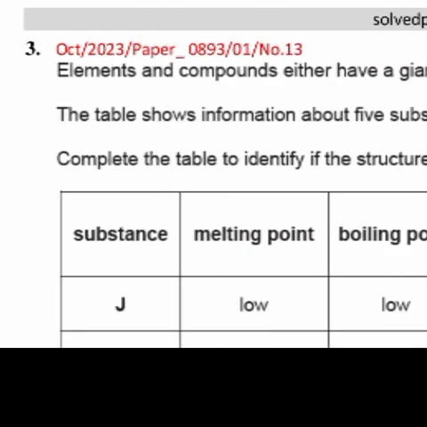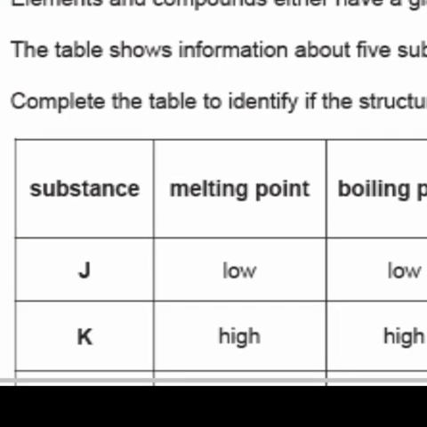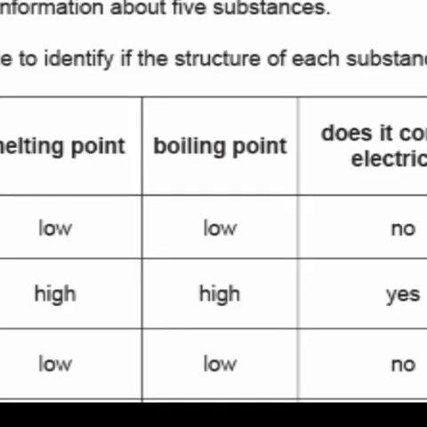Elements and compounds either have a giant structure or a simple structure. The table shows information about 5 substances. Complete the table to identify if the structure of each substance is giant or simple. The first substance has a low melting point and low boiling point, and it does not conduct electricity.